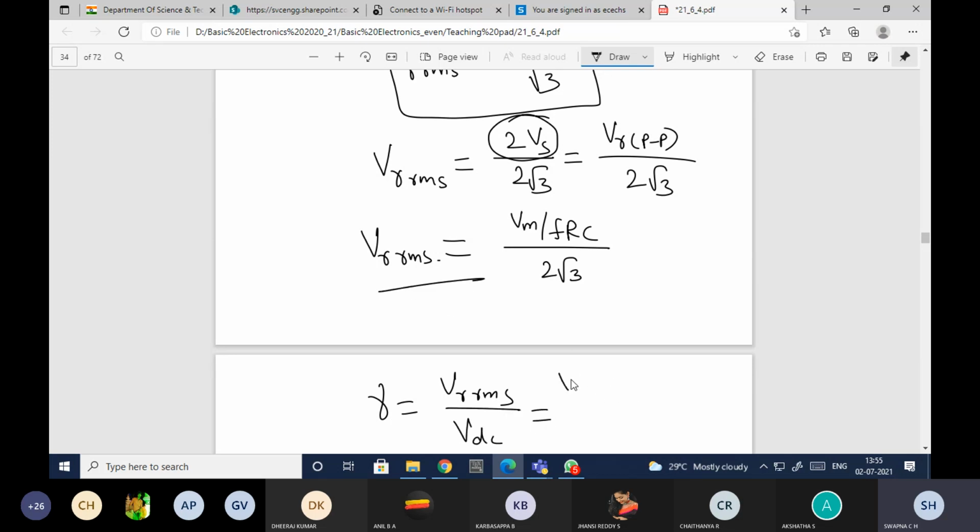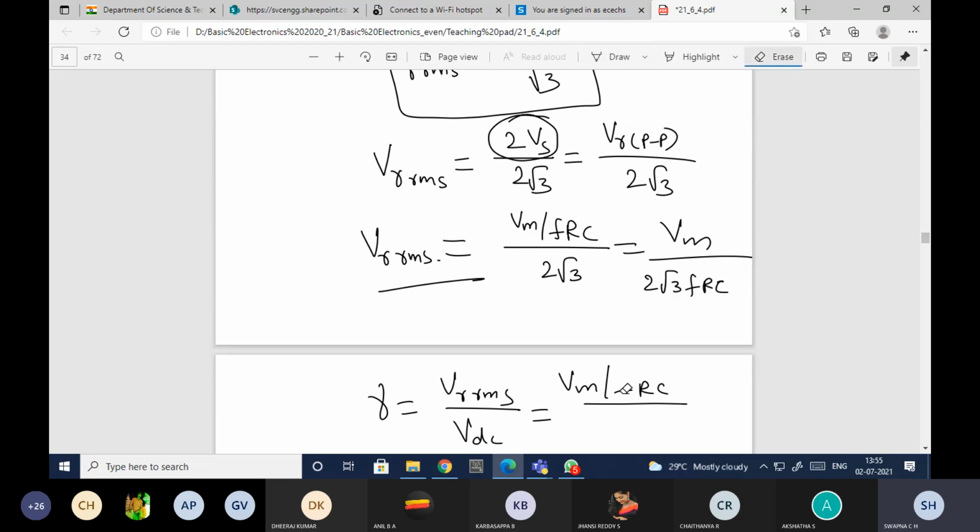VR RMS is nothing but Vm by 2 root 3 FRC.